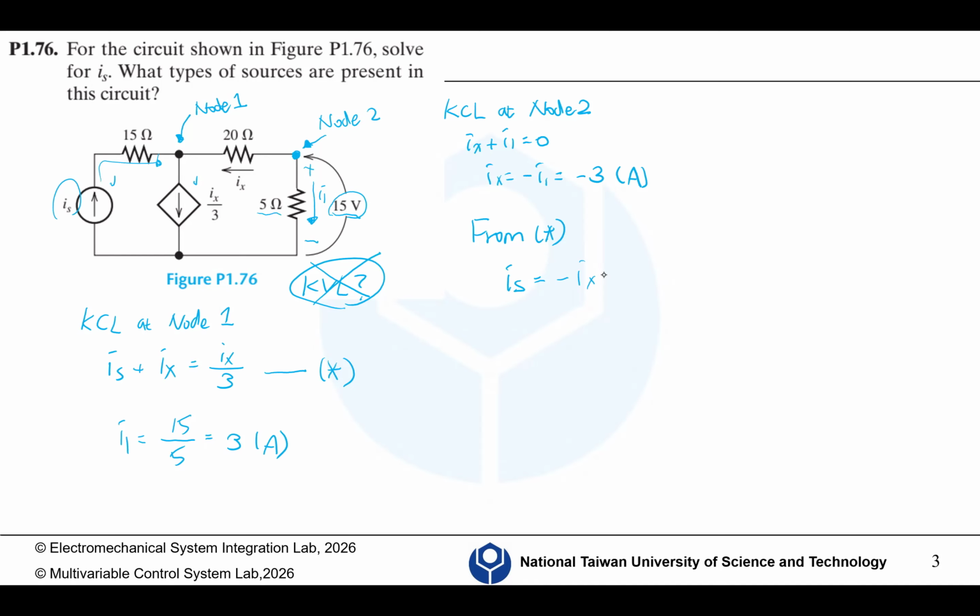And if we focus on node 3, we assume current from here is V2 minus V3 divided by 10. So here is 0 minus V3 plus 0 minus V3 divided by 5.